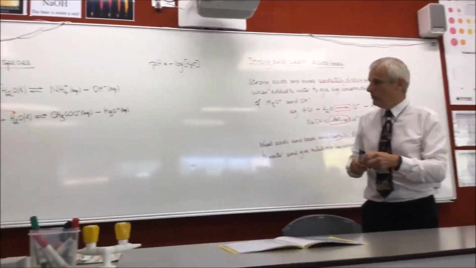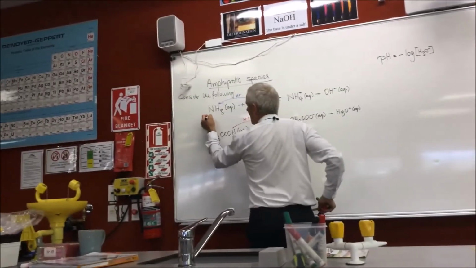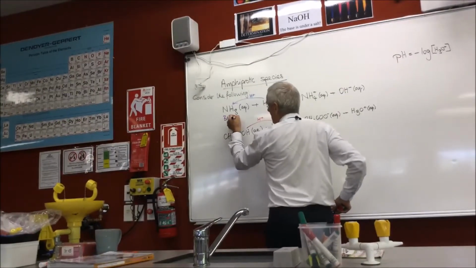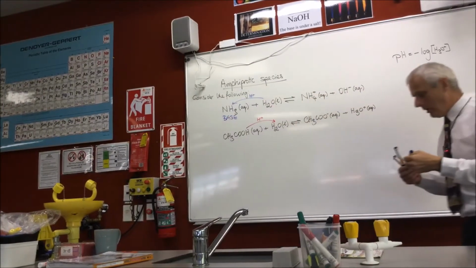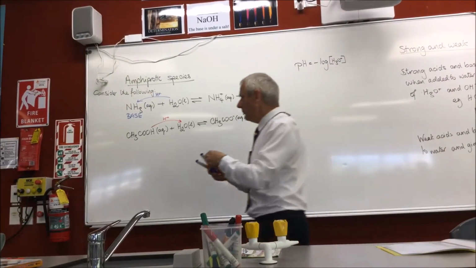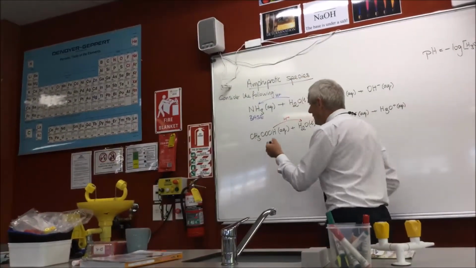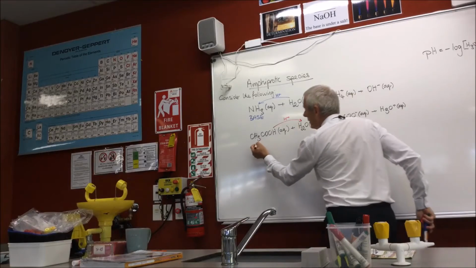If we quickly label this up as acids and bases, this is a base because it accepts a proton, and this is what you've got to keep saying in your mind's eye. This is accepting a proton, it's a proton acceptor, therefore it's a base. Whereas ethanoic acid in the second reaction is donating a proton to water, so it's an acid.